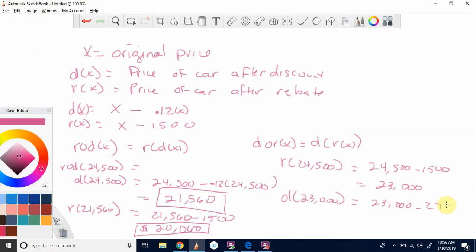I'm not writing that out, I'm just going to put the value, which gives us 20,240, I think. I can't read my handwriting. All right, so this is what he's going to pay for his car if he does the rebate first and then the discount, and this is what he's going to pay if he does the discount first and then the rebate. So which way will he get a better, lower price? All right, stop this, do the guided practice, and we'll see you in class.